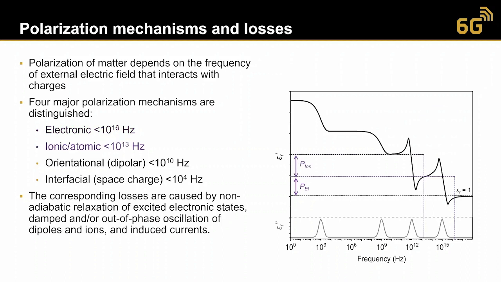When we decrease the frequency to the terahertz regime, we find that covalently bound atoms in lattices as well as ions in ionic lattices move in reference to each other along the electric field. At even lower frequencies, at the gigahertz range, we see that dipoles in the matter start to follow the electric field, so that as the electric field is oscillating, these dipoles are following the oscillation and rotate.